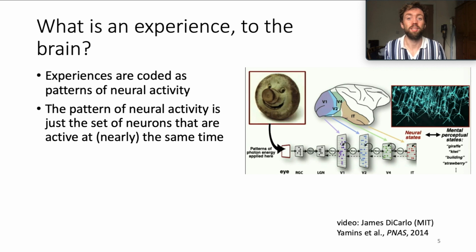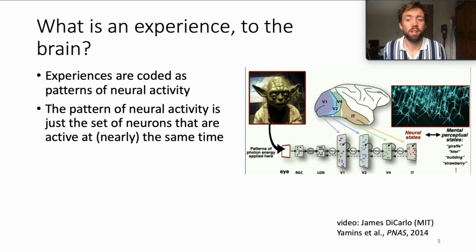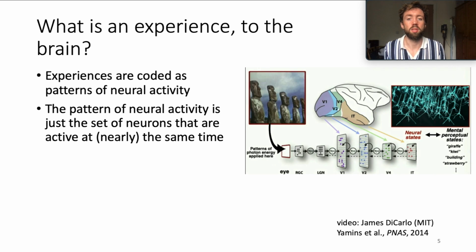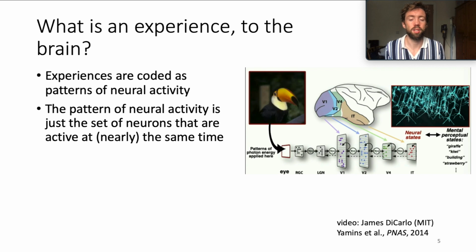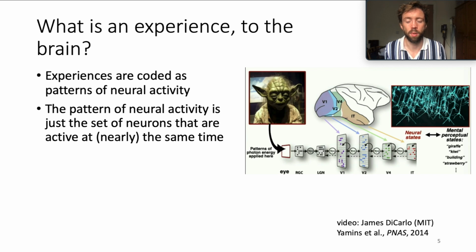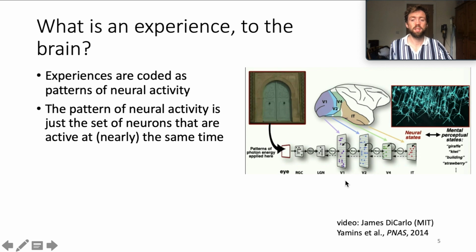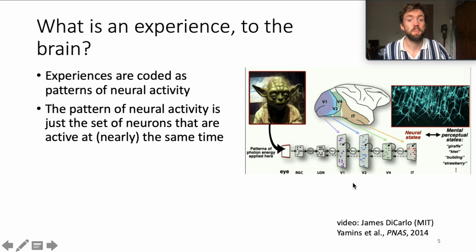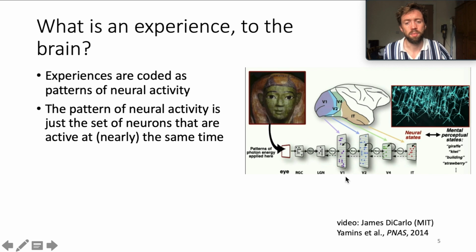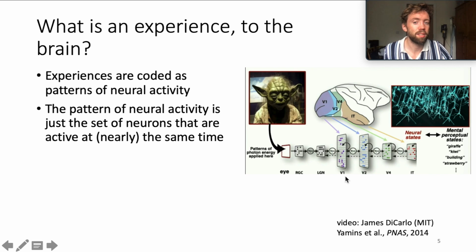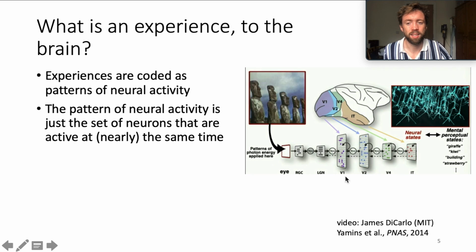Here we see a lovely video from Jim DiCarlo at MIT, who's done some pioneering work comparing artificial intelligence networks with the brain. What they show here, in each layer of the network, is a set of different units, each unit corresponding to a neuron, with a color if the neuron is active and grey if the neuron is inactive.